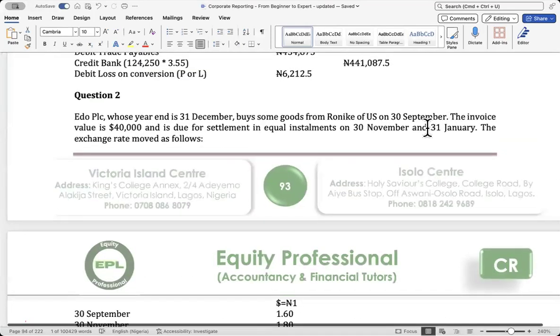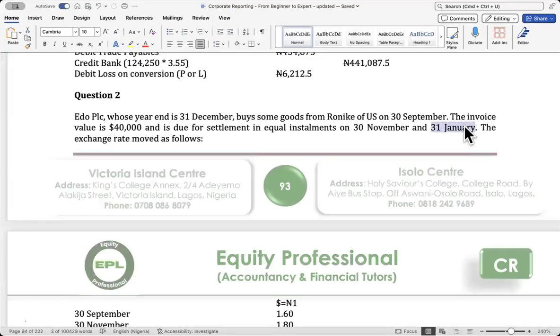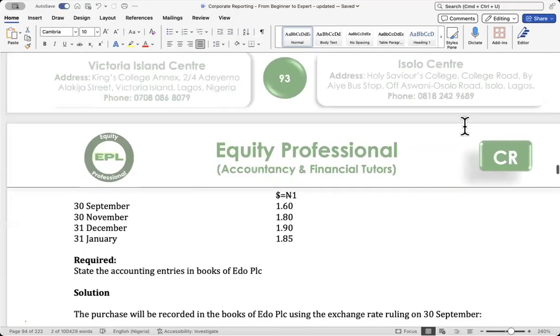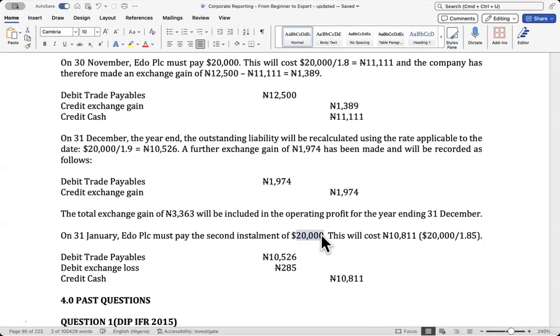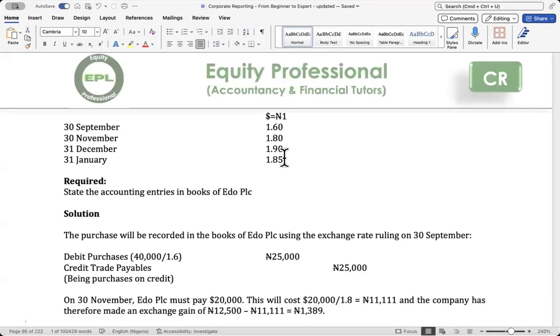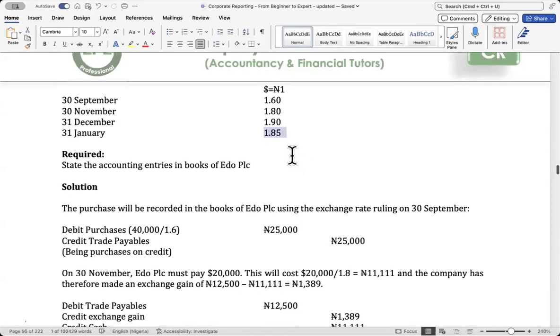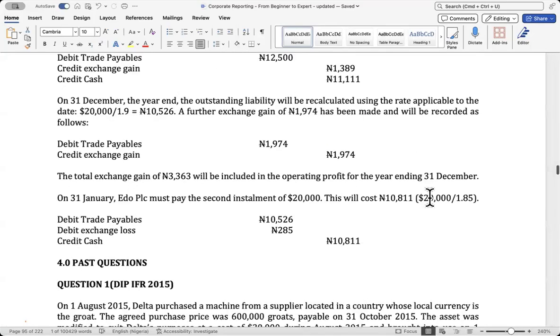Now, on final settlement, as at 31st January, we would pay the second installment. And for this second installment, the rate is $1.85 to a Naira. So by the time we convert that remaining 20,000, we have 10,811. Don't forget what was on our trade payable balance is now 10,526 as at the end.